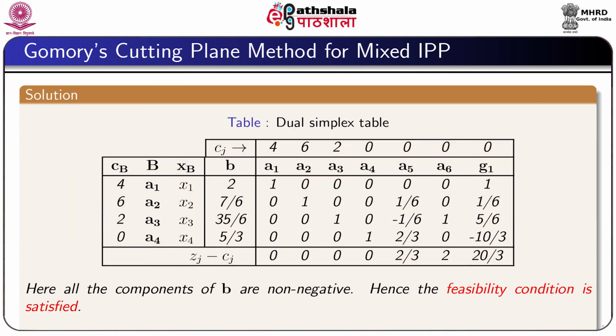Since x3 is not integer, so we have to proceed further, that is we have to construct another Gomorian constraint.